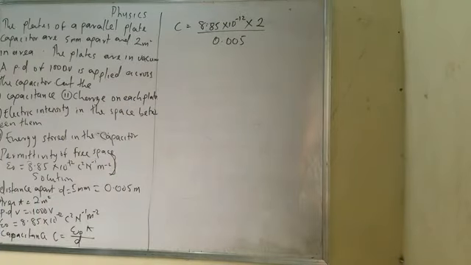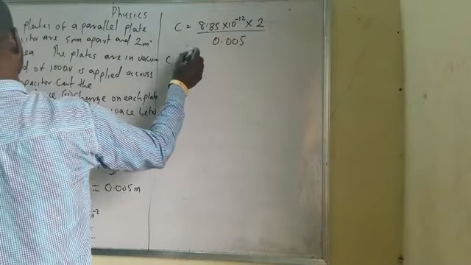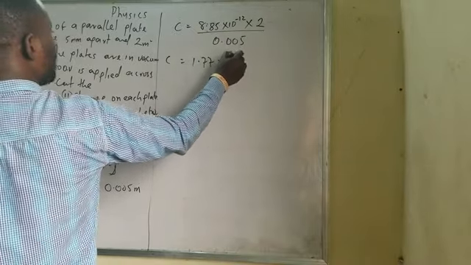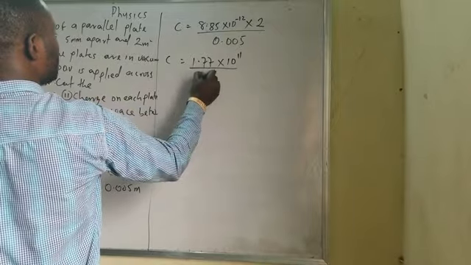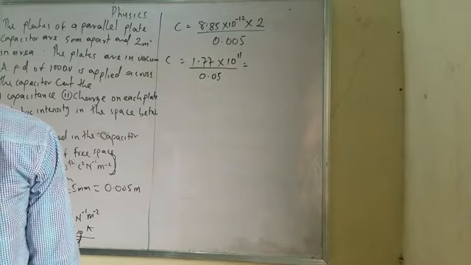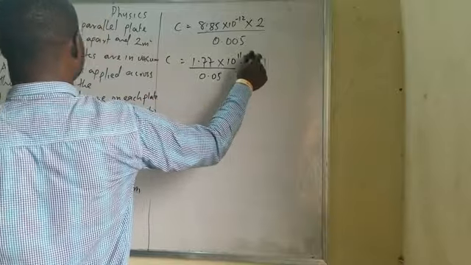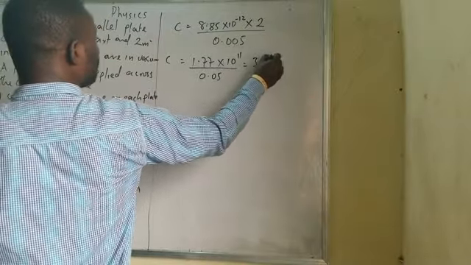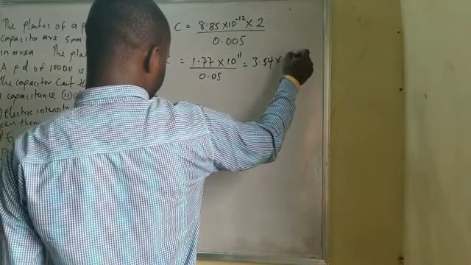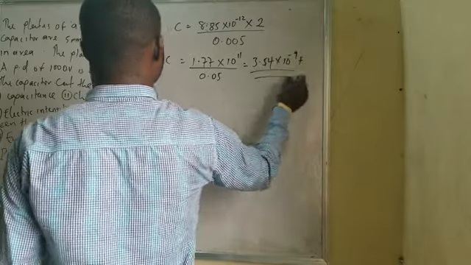Now my capacitance will be equal to 1.77 multiplied by 10 raised to the power minus 11 divided by 0.005, which implies 3.54 multiplied by 10 raised to the power minus 9 farad. That is my capacitance.